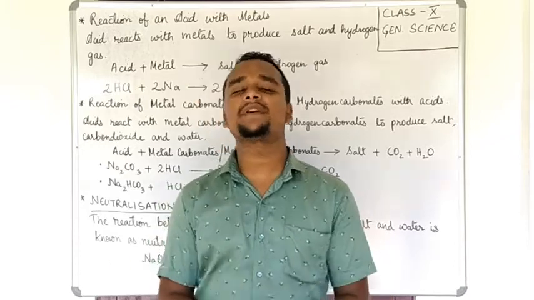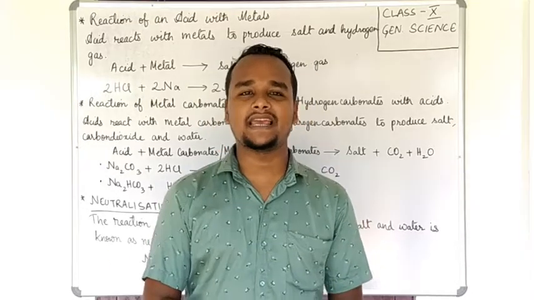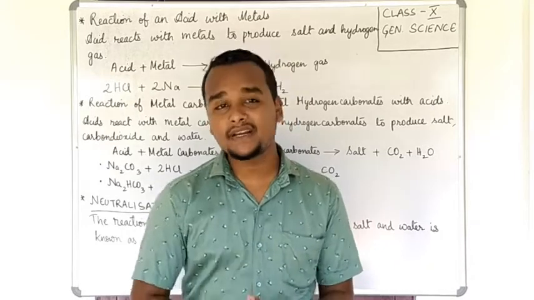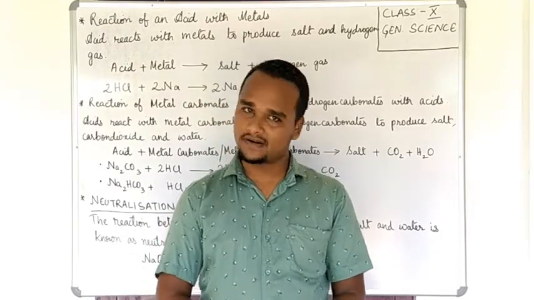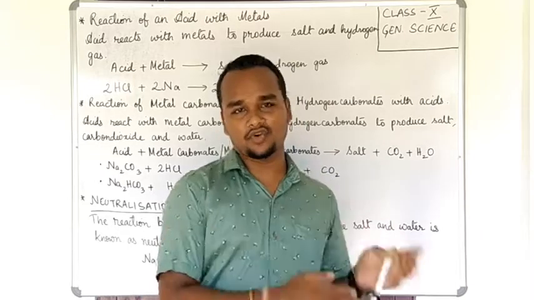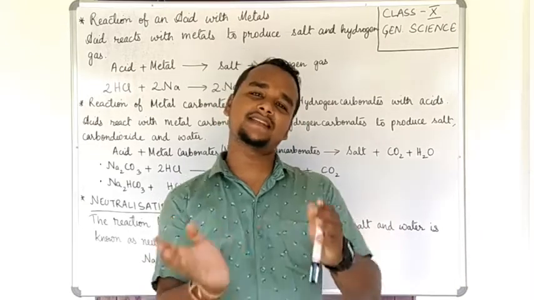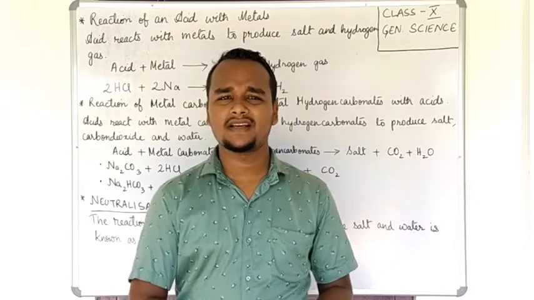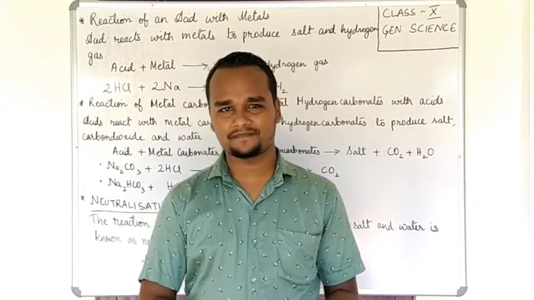What is the next difference? An acid is sour in taste, whereas a base is bitter in taste. Acids are corrosive, meaning acids give a corrosive touch, whereas bases give us a soapy touch.